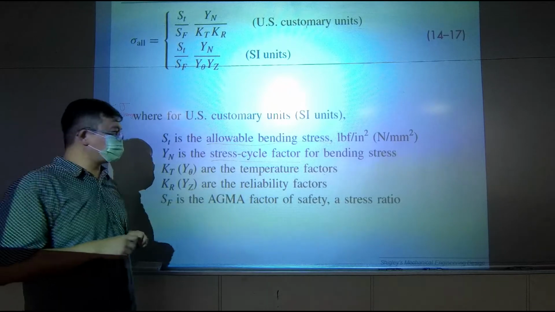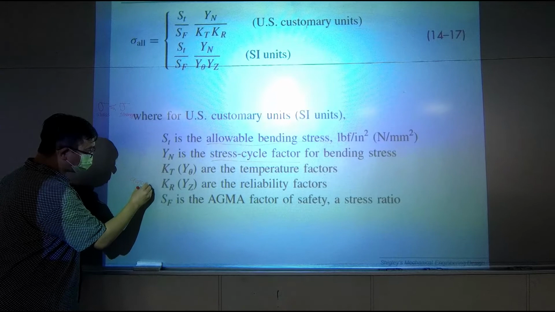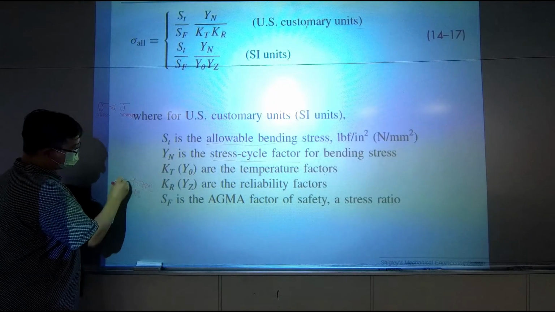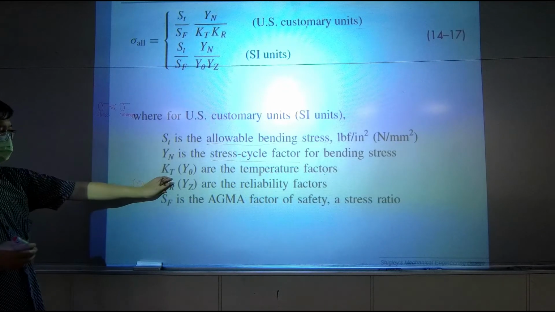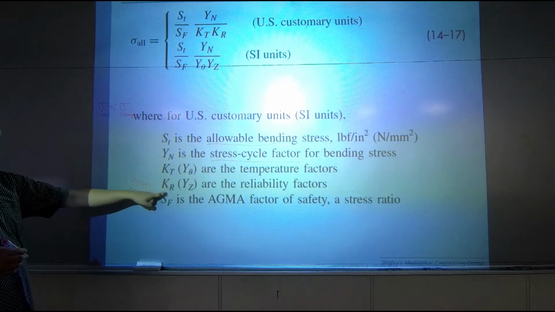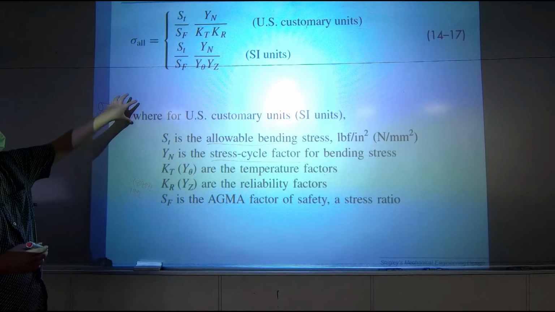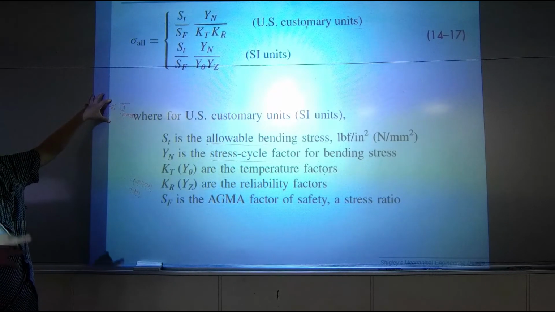Do you wish the reliability to be 99.99% or just 98%? Different percent of reliability changes this factor. If this factor changes, your design equation changes, then that affects a lot of your decisions.